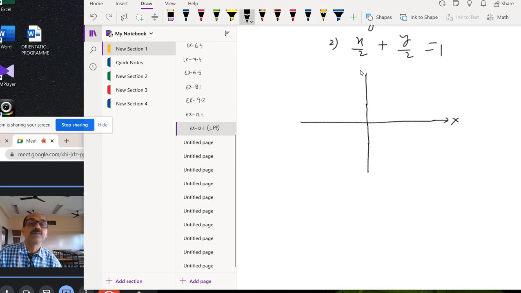Now draw x-axis and y-axis. X, y, x dashed, y dashed, O origin.